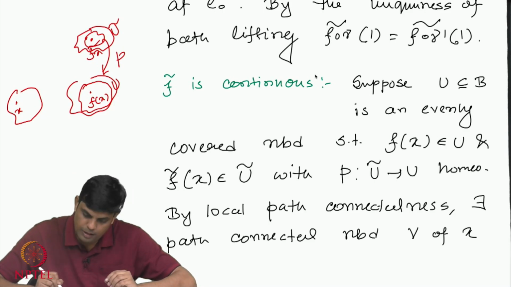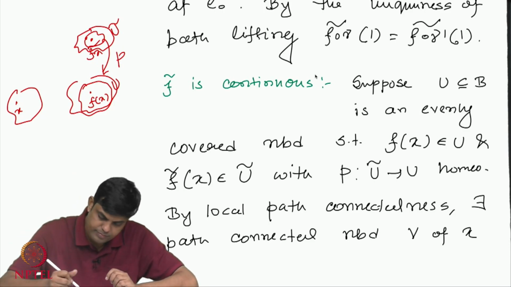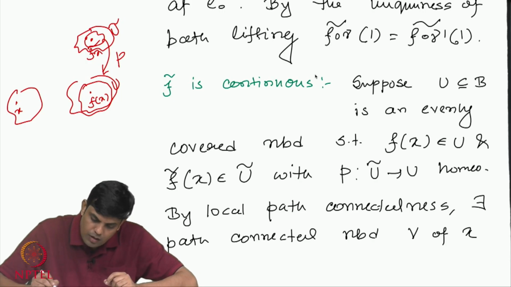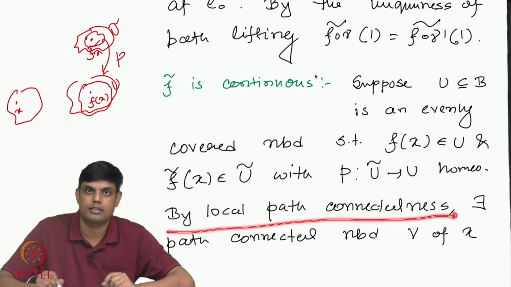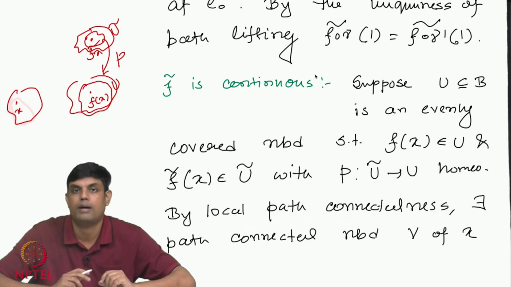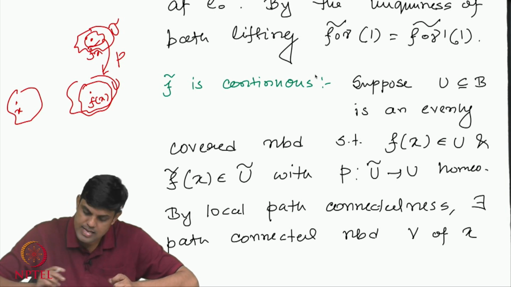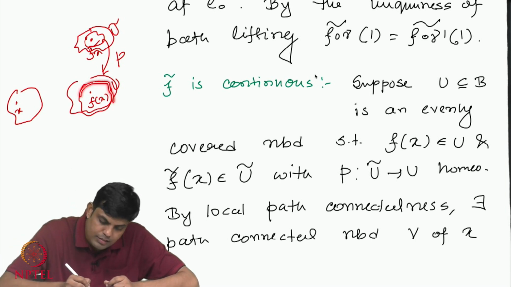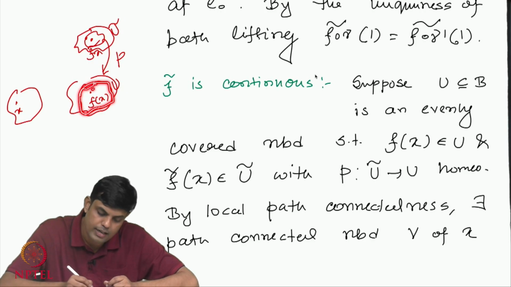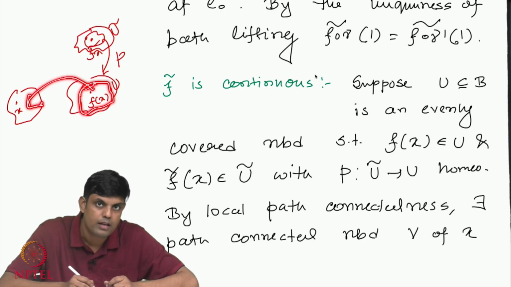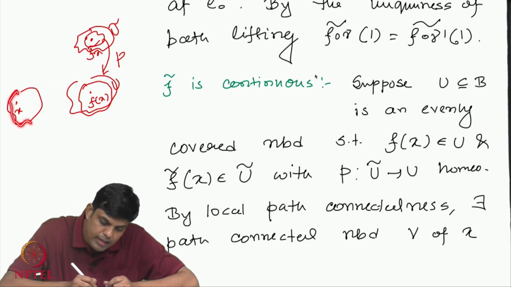Now, because my space is locally path connected, if I look at this evenly covered neighborhood and its inverse image, that will give me a neighborhood around x.